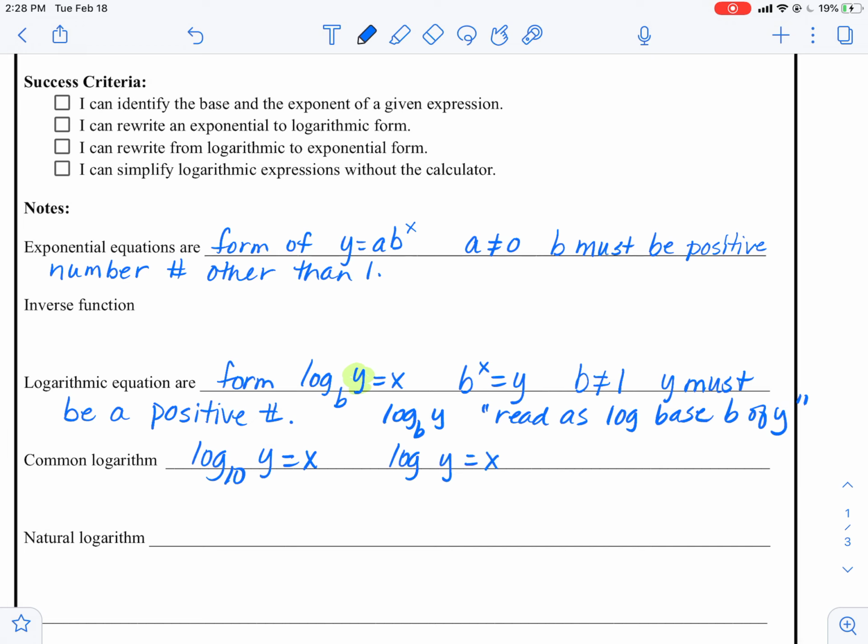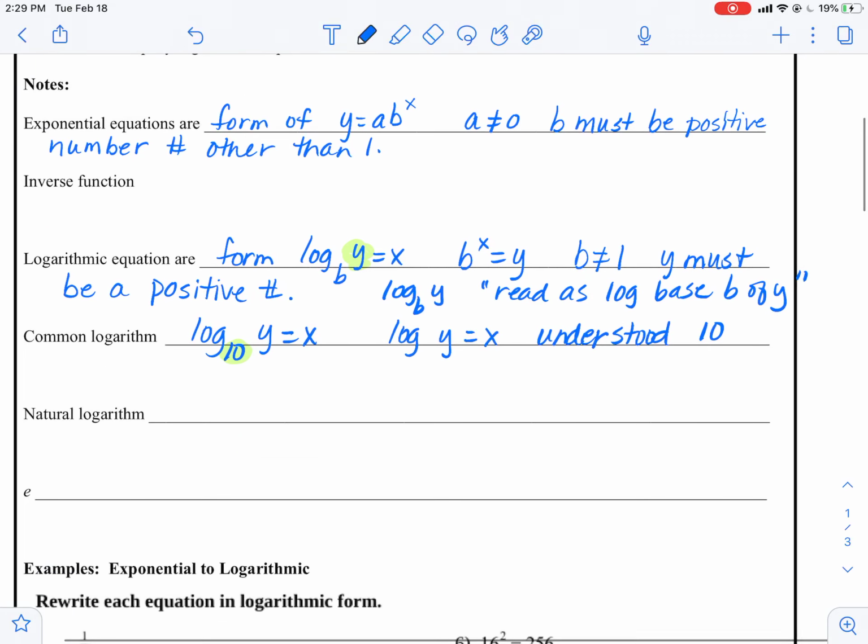So anytime you see something written in this form, that 10 is understood to be there. So don't forget that. It's an understood 10. We'll write that out to the side. Then we'll talk about the natural log.